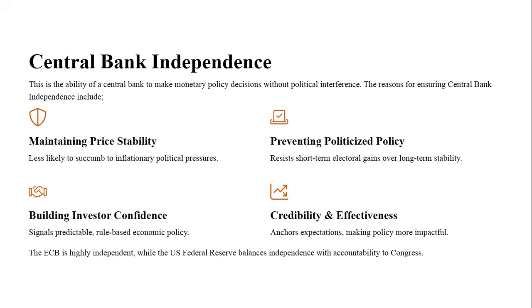What is central bank independence? It is the ability of the central bank to make monetary policy decisions without political interference. The reasons for ensuring central bank independence include maintaining price stability, prevention of politicized policy, building investors' confidence, and lastly, credibility and effectiveness.